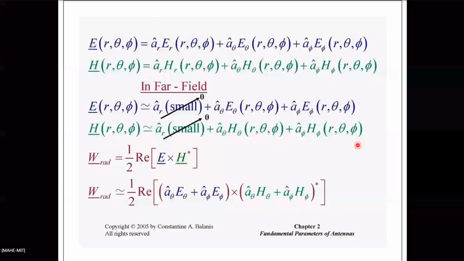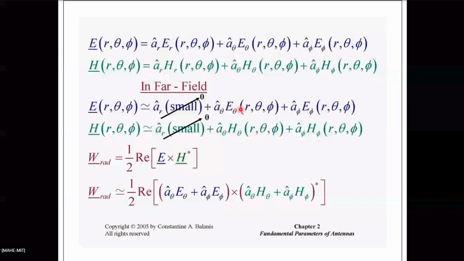Okay, the three-dimensional directivity. Here, this is what I explained to you earlier. E of r theta phi is A r cap E r, A theta cap E theta, A phi cap E phi, each function of r theta phi. H of r theta phi is A r cap H r, A theta cap H theta plus A phi cap H phi. Now in the far field, this part is small, so it is nearly equal to 0.